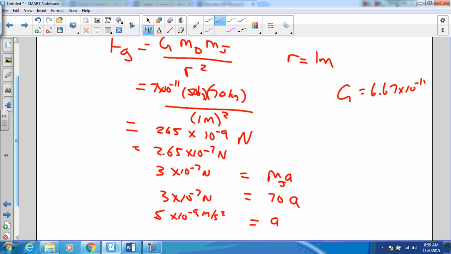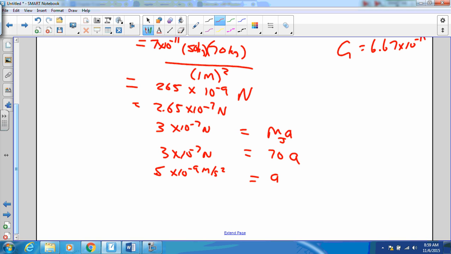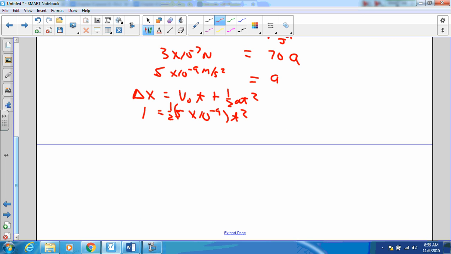Changing it up, that's right. All right, so we wonder how long would it take for Jesse to reach Damani starting from rest? Okay, so we say delta x equals v0 t plus 1/2 a t squared. And therefore, the delta x between them was 1 meter, is that right? So 1/2 of 5 times 10 to the minus 9th times t squared.